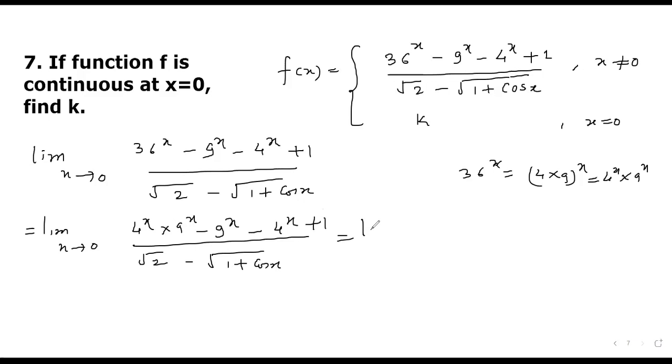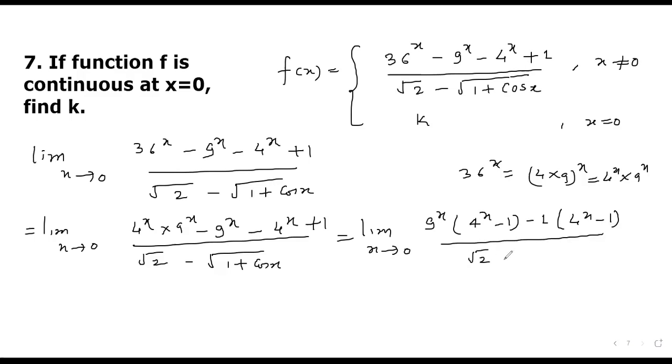If we take out 9 power x, 4 power x minus 1 will be left, and from here we take out minus 1, then 4 power x minus 1 will be left, divided by root 2 minus root of 1 plus cos x.